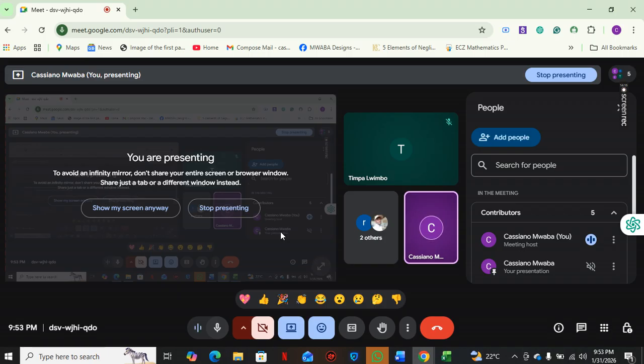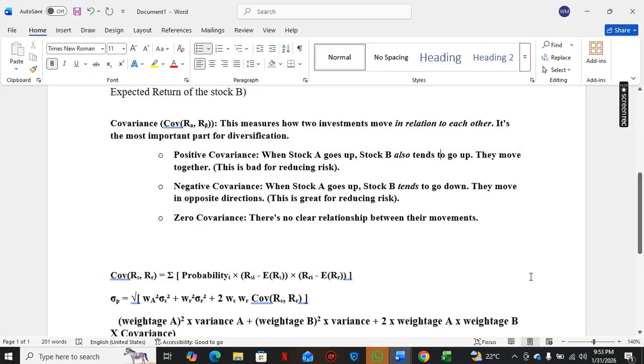So when you're forming a portfolio, you want your investments to move in opposite directions. Negative covariance, so that in case things go bad that year, if one investment doesn't do well, the other one should do better. Okay, colleagues? So with a positive covariance, the investments move in relation to each other. A negative, they move opposite each other. A zero covariance, there is no clear relationship.